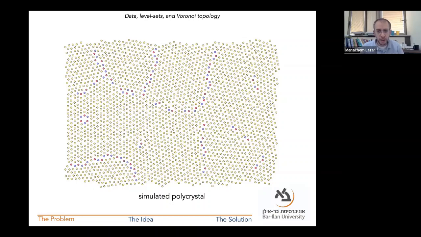And number two, these defects, to a large extent, determine properties of these materials. If you imagine pulling apart the sample and you want to know where it will rip, you might guess more or less correctly that it's most likely to rip along these lines, the red and blue lines.